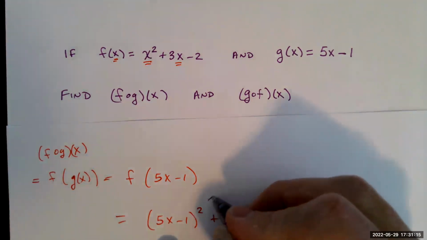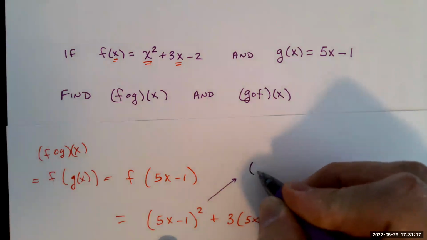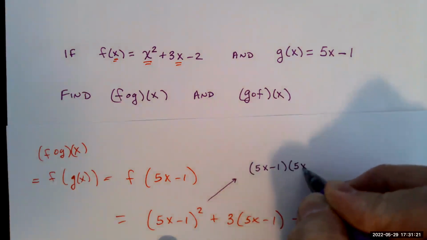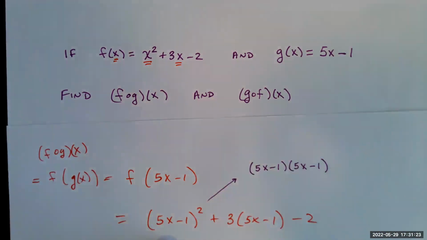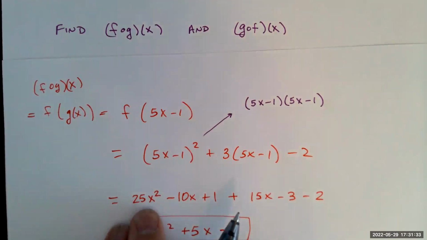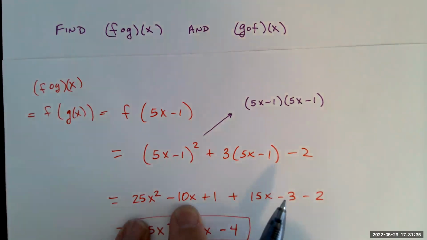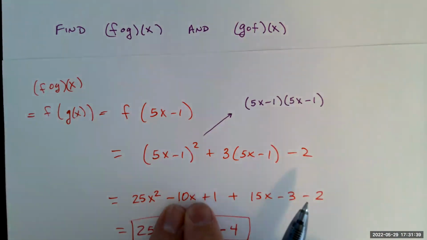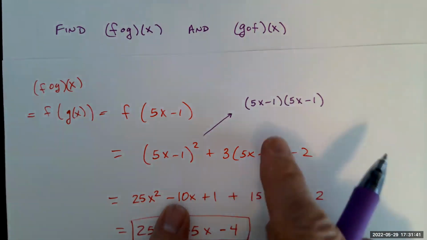Remember that this 5x minus 1 squared is this, right? So you have to FOIL that out, or if you remember the special product for a perfect square trinomial, you should be able to get that this is 25x squared minus 10x, because the outer and the inner are both negative 5x, and then plus 1, right?